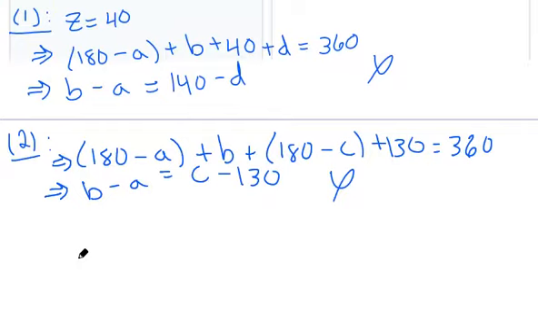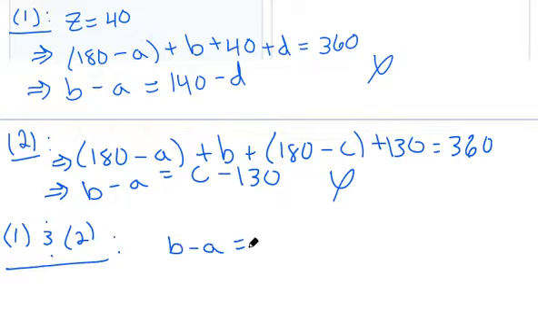So scrolling down, let's combine our statements down here. Combining statements 1 and 2, we know that b minus a equals 140 minus d, and we know that d is equal to 130 based off of statement 2.